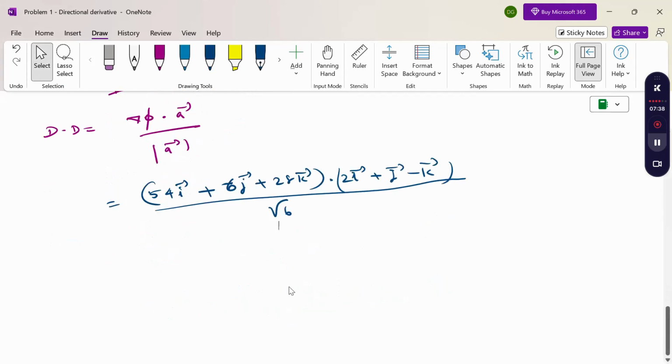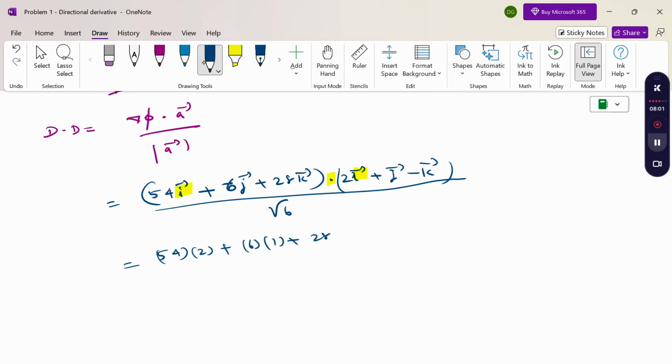Now this is a dot product: i dot i is 1, j dot j is 1, k dot k is 1, and the other products are 0. So 54 into 2 plus 6 into 1 plus 28 into minus 1, by root 6.